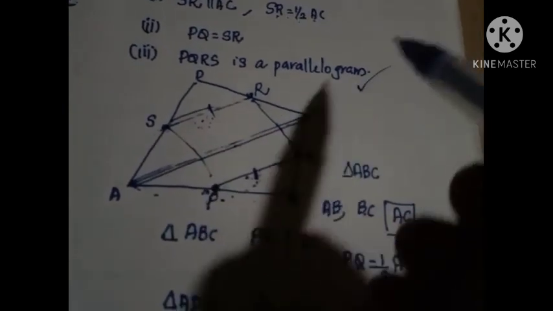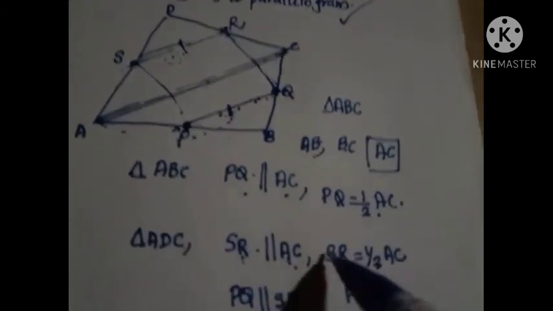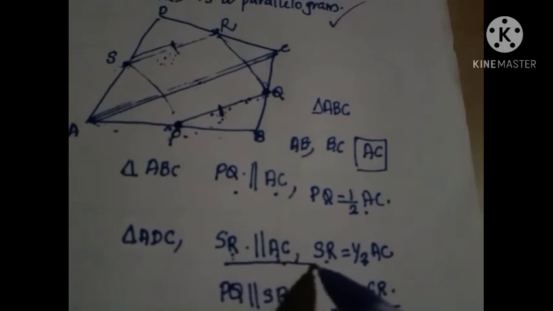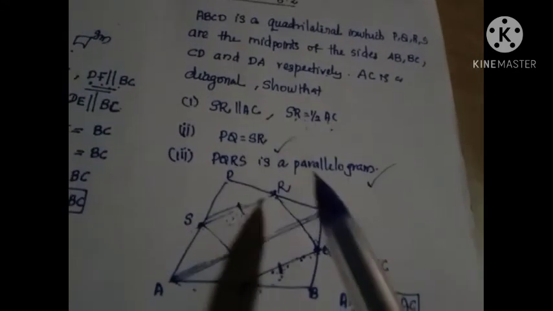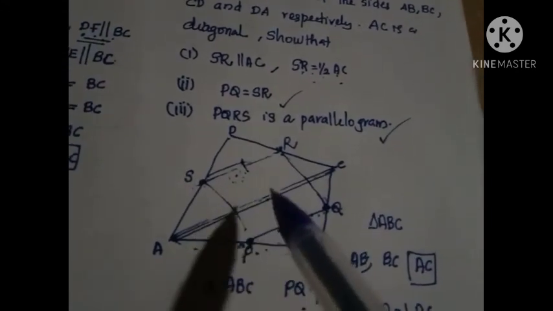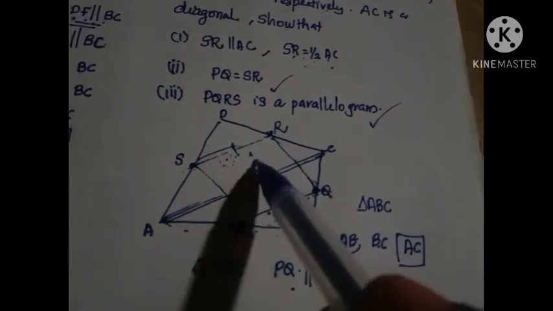That is, PQRS is a parallelogram. That's our third one. And PQ is equal to SR, that is our second one. And here we already proved SR is parallel to AC and SR equal to half of AC. So, this is our first question. It's an easy one. Simply take any two triangles and apply the midpoint theorem.